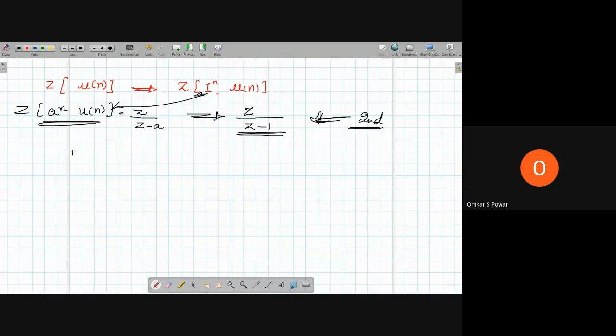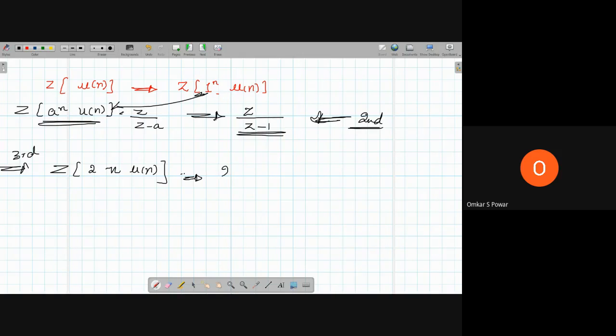Then what you have to get? Z transform of your third term. So what was your third term there? Z transform of 2n u of n. Okay, so this was your third term. So how do you take the z transform? Let me take 2 outside first.